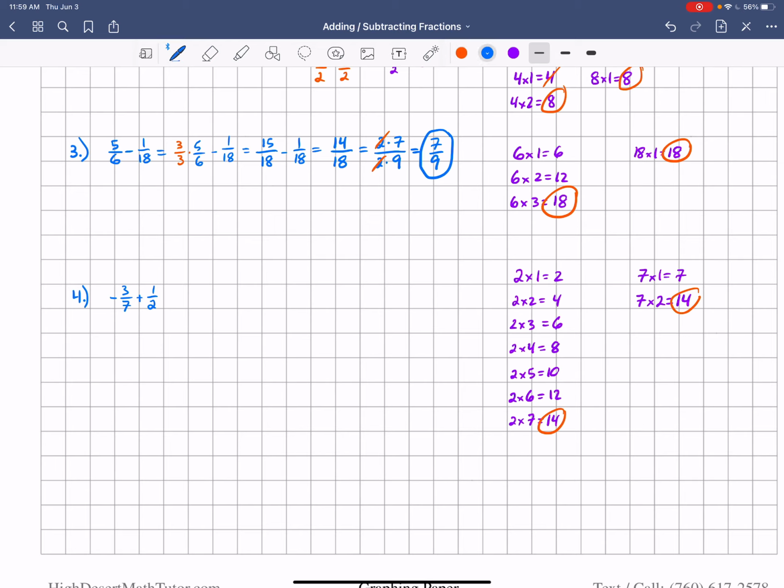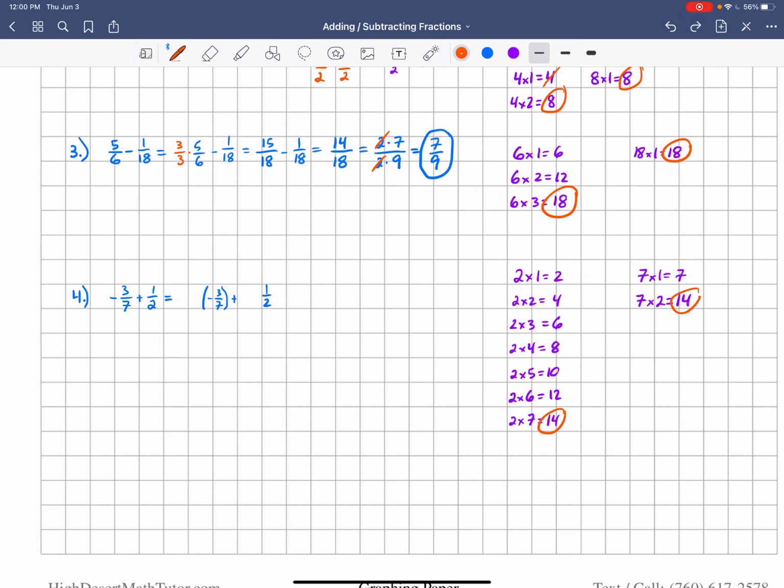So let's prepare ourselves now to do a little work to convert these fractions over here to equivalent fractions. So just to be extra clear that this is a negative 3/7, I'm going to put that inside of parentheses. Negative 3/7 plus 1/2. Now, what did we have to multiply 7 by to get 14?